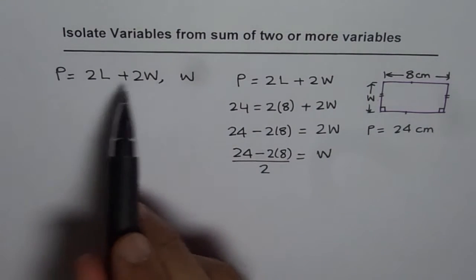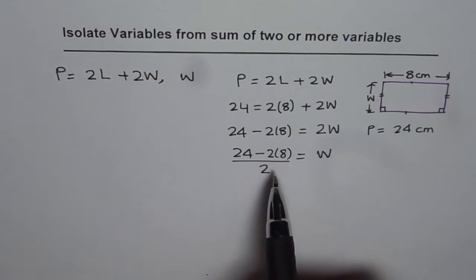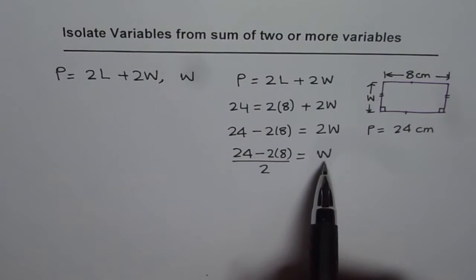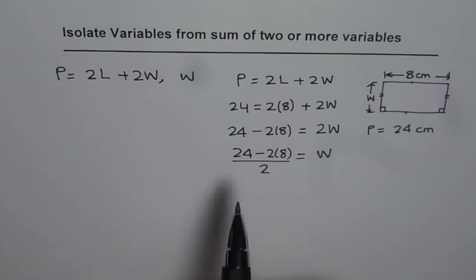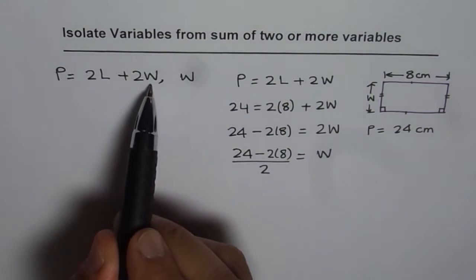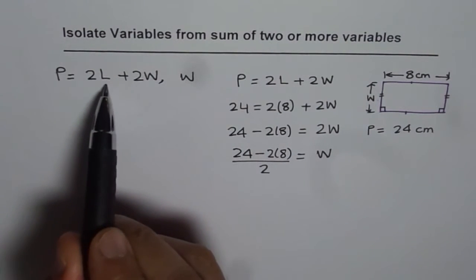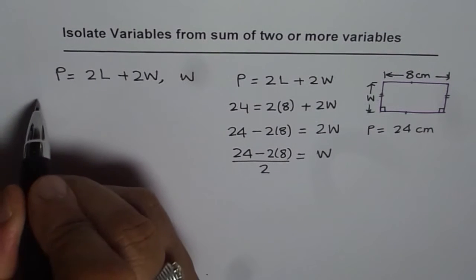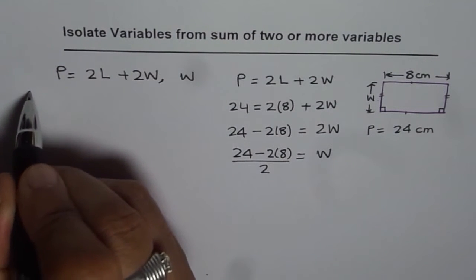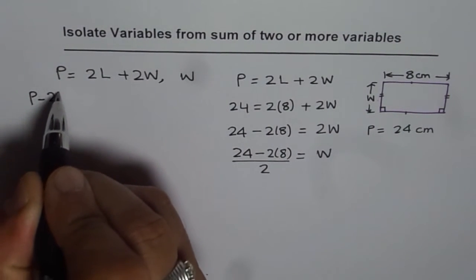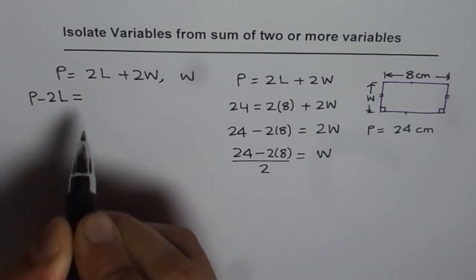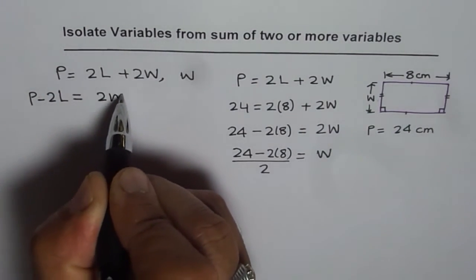So what we do here is exactly what we have done to find the value of width. That is, first step should be, since we are interested in finding what width is, we'll take away twice length from both the sides. So we are left with perimeter P minus 2 times length equals 2 times width.